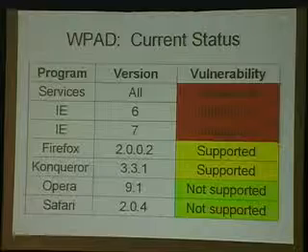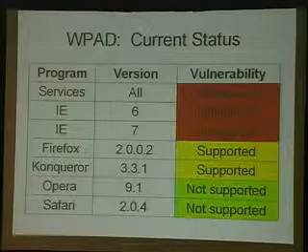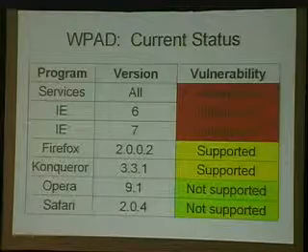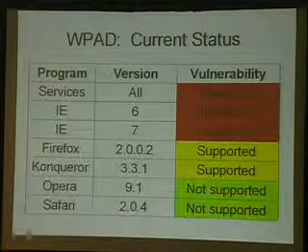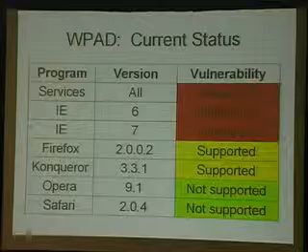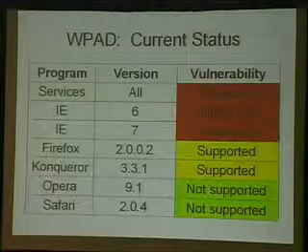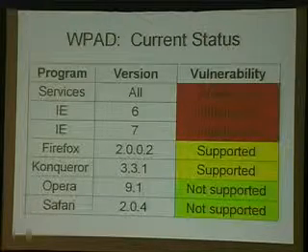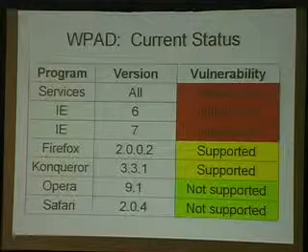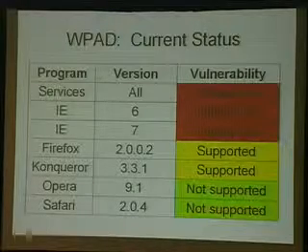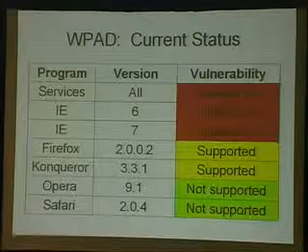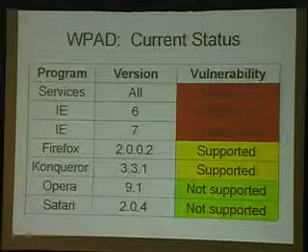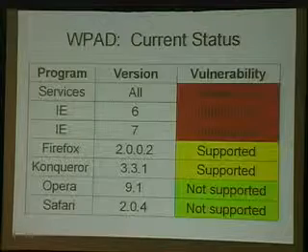Firefox and Konqueror both support WPAD, but neither uses it by default, so you have to actually go around to each machine and check the box. If you're doing that, then you might as well go around to each machine and just specify the URL. Just give it the URL to download the proxy pack file from, and exactly the same amount of effort. Opera and Safari don't even bother with WPAD, so yeah. So that's why I've been focusing on IE, because although Firefox and Konqueror are vulnerable, IE is more vulnerable out of the box.